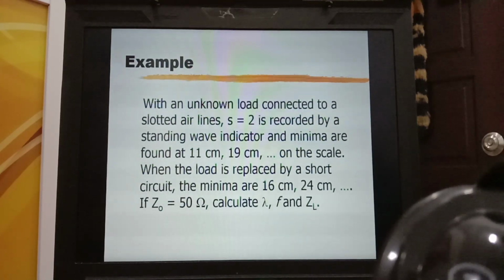The same is seen when the transmission line is terminated by a short circuit. We see that the minima occur at 16 cm and 24 cm, so the difference between the two is also 8 cm.